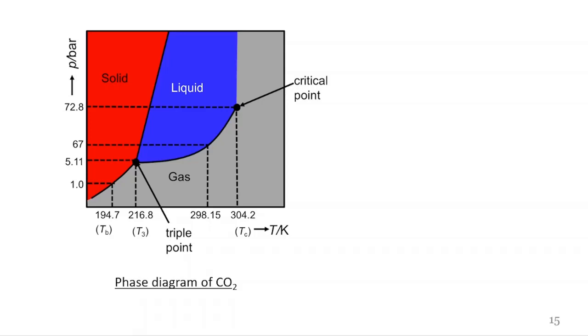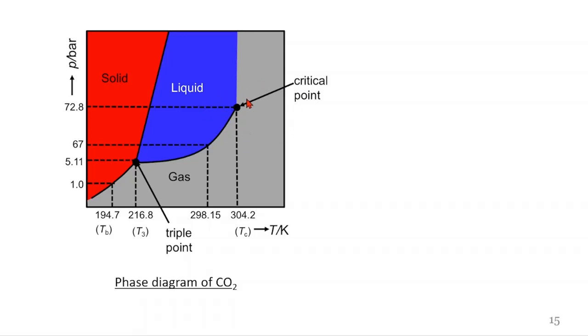Yeah, so here is the phase diagram of CO2. This shows that at this pressure and temperature, the solid phase is more stable. Increasing pressure leads to the liquid phase being more stable. Further increment in temperature leads to the gaseous phase being more stable.